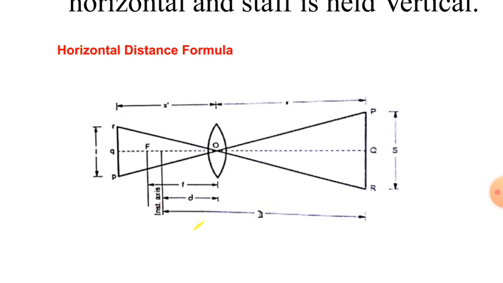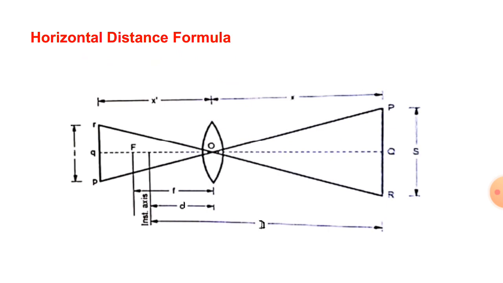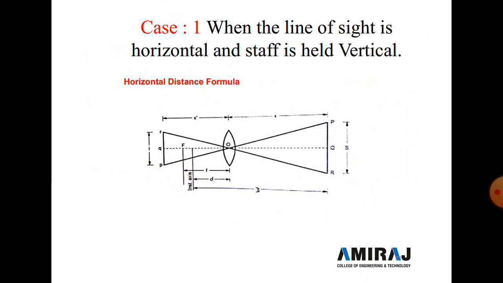Here you see the three crosshairs P, Q and R, which pass through the lens and target the points capital P, Q and R. These are the staff readings, so we get the staff intercept S, which is the difference between the upper and lower crosshair readings, P and R. Small r minus small p is the difference of the staff interval I. F is the focal length, and capital D is the distance between the target point or object and the instrument.